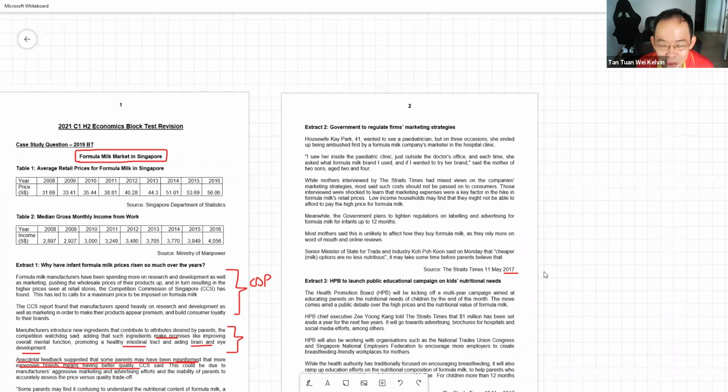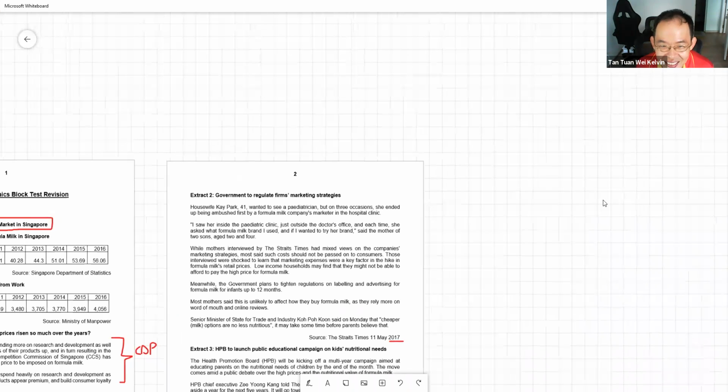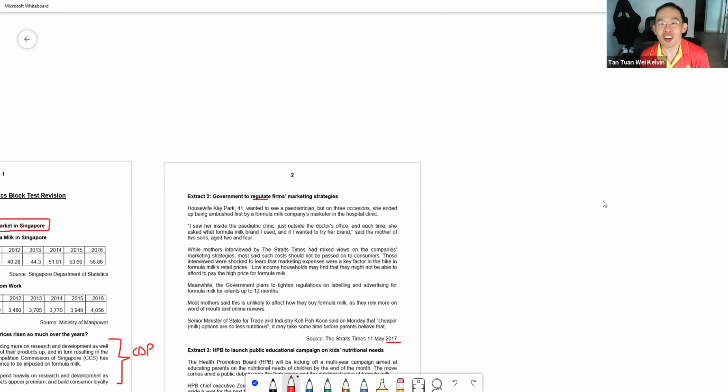Extract 2 is also quite blatant. Can you see the word regulate? So remember part F will ask you what are the existing measures. That means you have to be aware what are the existing measures used by firms. The word regulate should tell you that one of the existing measures is regulation.